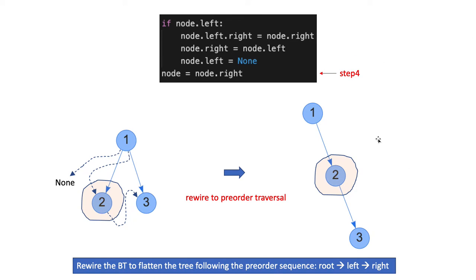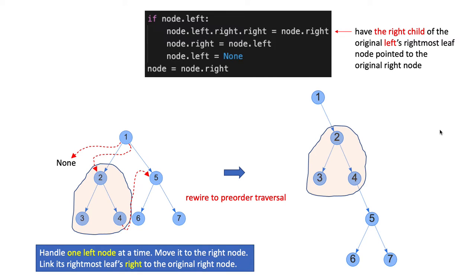Now that all the nodes have been rewired, we'll move on to the next right child and repeat the whole process over again. After we have studied the previous simple case, now let's move on to a more complicated case with a height equal to 2.